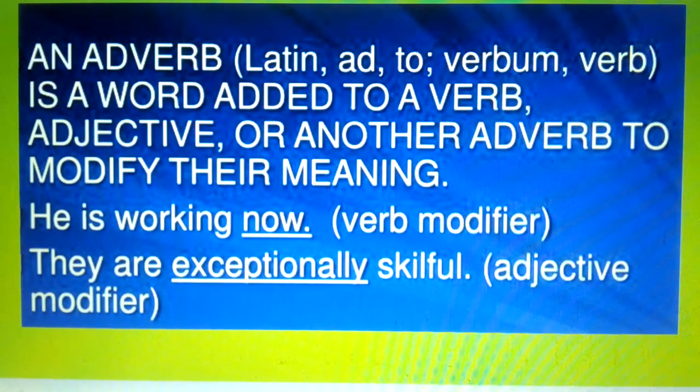So now is an adverb because it is telling more about the working. Another example is they are exceptionally skillful. So skillful is an adjective and exceptionally is an adverb. So adverb is a word that tells more about a verb, adjective or another adverb.